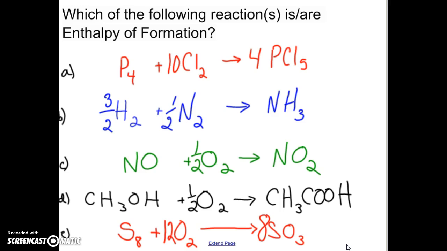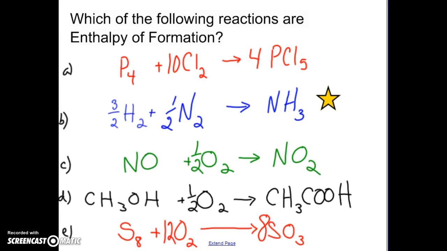But the other part of the definition that is often ignored is the fact that it's forming a compound from the elements. So if you look at the reactants a little more carefully, you will see that only one reaction has only elements on the reactant side.